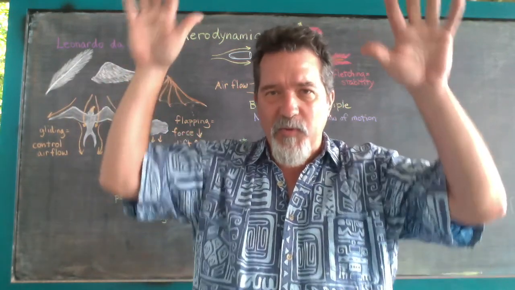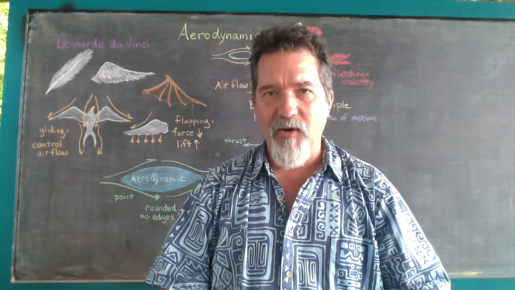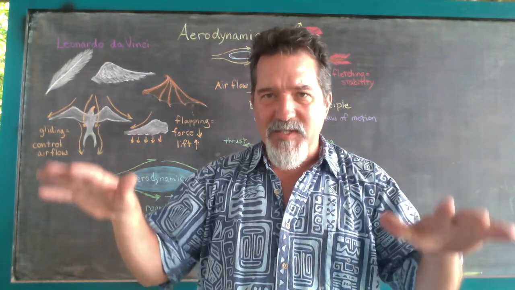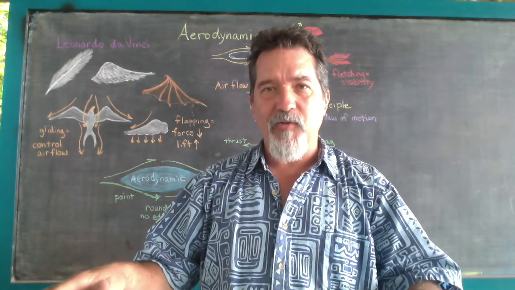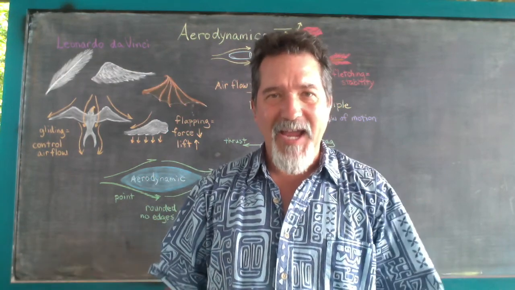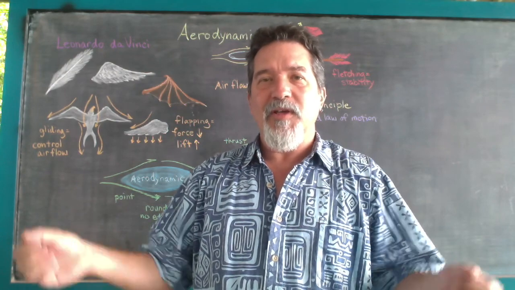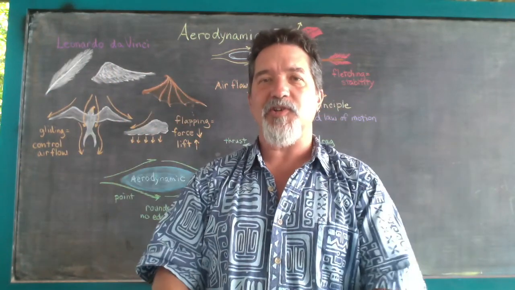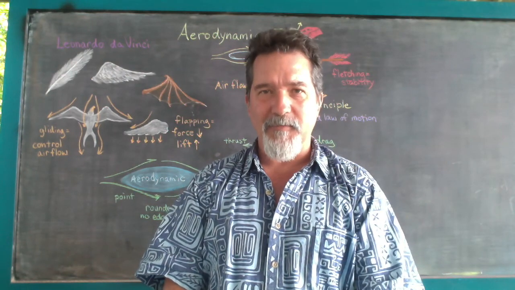Because we know that if we push down on air, we're going to get resistance from that air. And if that resistance that we are getting from the down flap of a wing is balanced in a way by the lightness of the bird, then a greater resistance is going to have enough lift to actually pick the bird off of the ground.